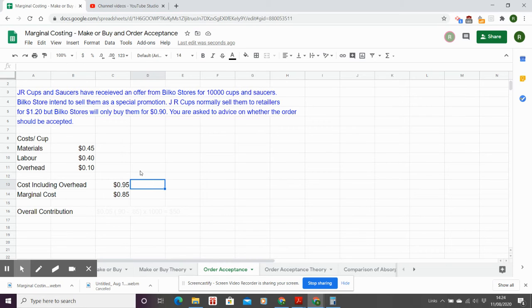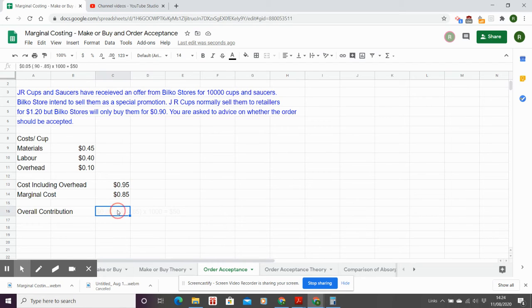So although it looks like they're going to be selling the cups for less than it cost, it really only costs the business 85 cents to make additional cups, which is less than the amount that Bilco stores would like to buy them for. So there is a positive contribution of 5 cents per cup and saucer that's sold.